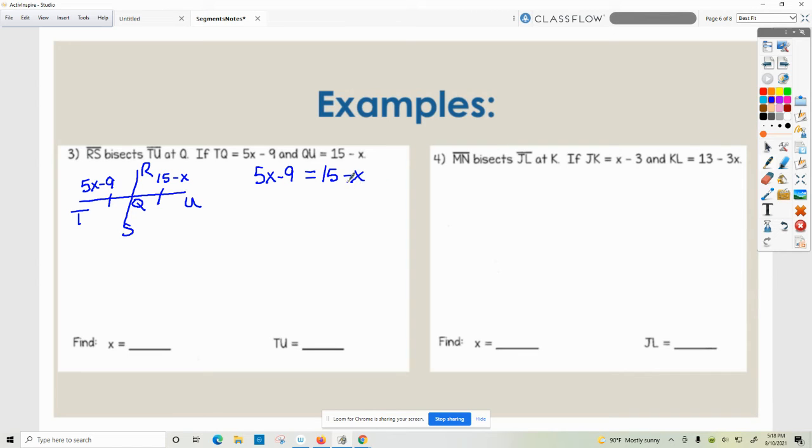So I'm going to add x here, add an x there. So that's going to give me 6x minus 9 equals 15.